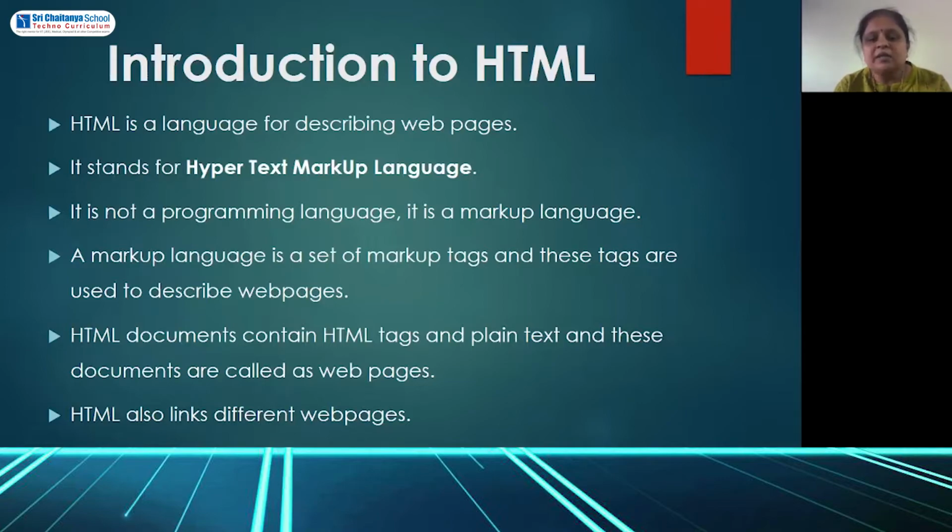So all these pages, which contain text, images, everything together, written using HTML tags, are called web pages. And HTML also links different web pages. We can link different web pages using HTML tags. We will learn all that in the future.